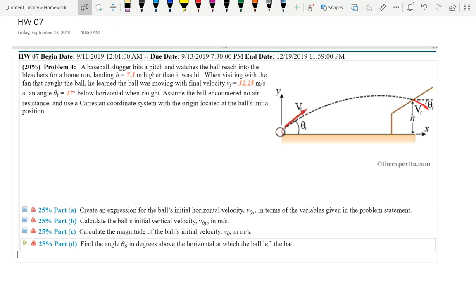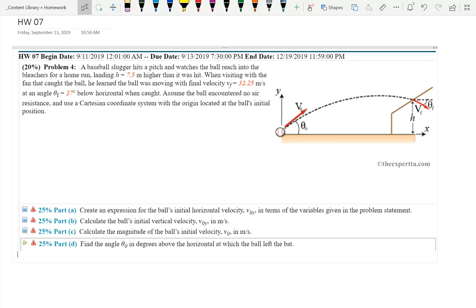What does it mean to say a Cartesian coordinate system? XY. Okay, Cartesian coordinate system is our standard XY system. So we're going to use a Cartesian coordinate system. Our X and our Y coordinates are going to be based on the location of the ball when it left the bat. So it tells us where to make our reference point.